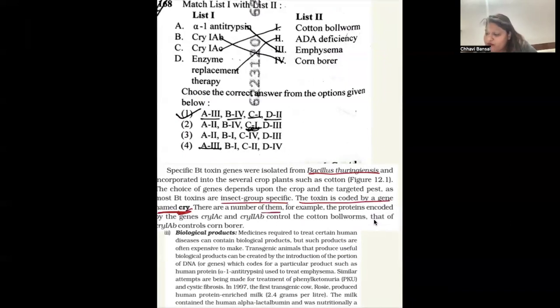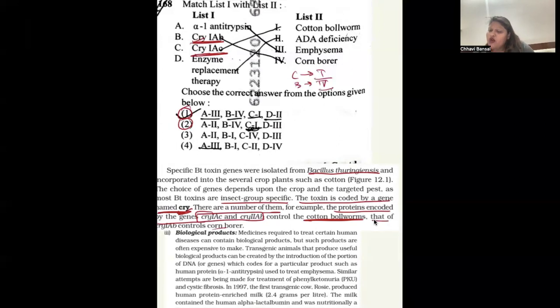There are a number of them. For example, the proteins encoded by the genes cry1Ac and cry2Ab are for the cotton bollworms. Cry1Ac is for cotton bollworm, meaning for C we have 1. Now there are only two options, option 1 and 2, where C is 1. Then cry1Ab controls the corn borer, meaning for B, it's option 4.